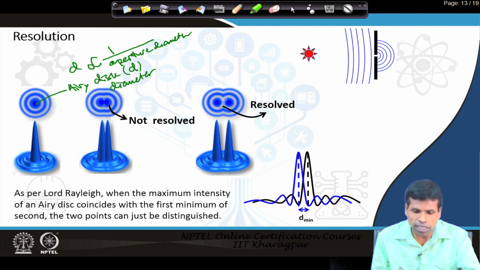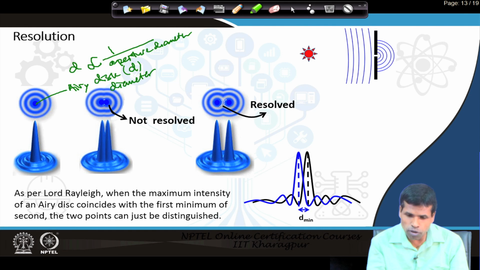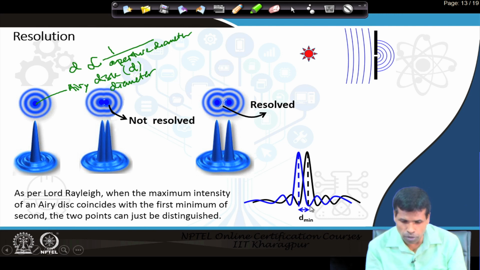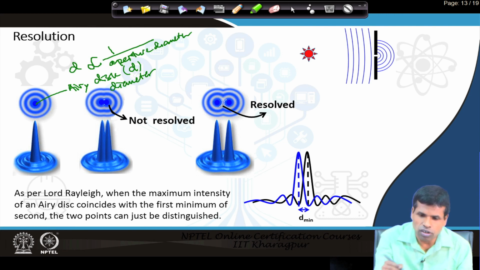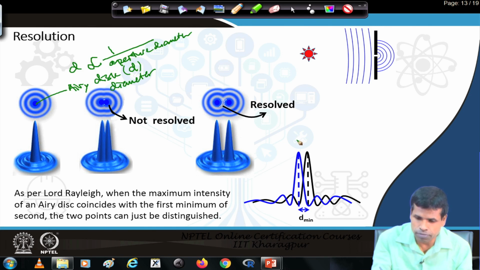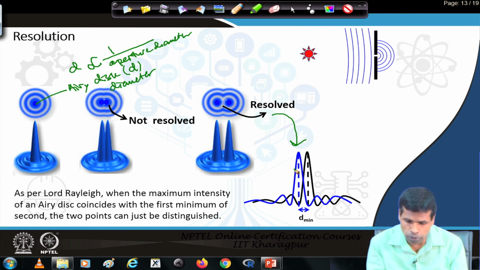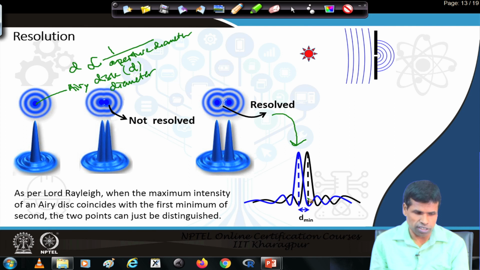As per Lord Rayleigh, when the maximum intensity of the airy disc coincides with the first minimum of the second, then we can say these two points are just resolved. This is the best condition for resolving two objects.